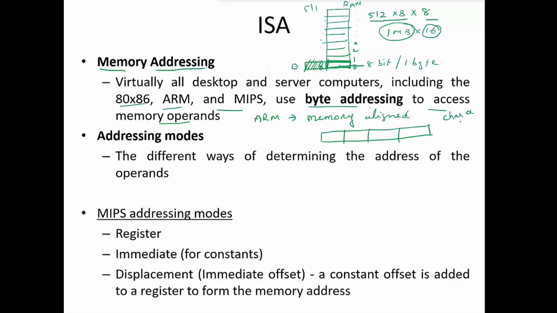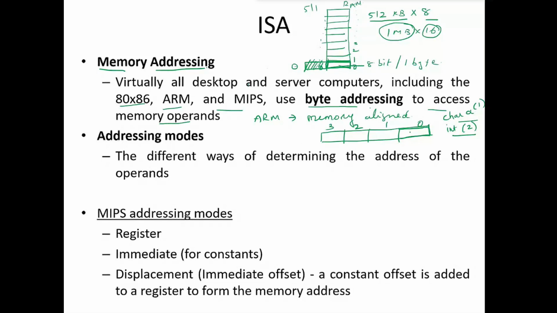For example, I have a character and an integer. The integer is 2 bytes, just for example, and this is going to be 1 byte. This is the 0th address, this is the first address, this is the second address, and this is the third address.